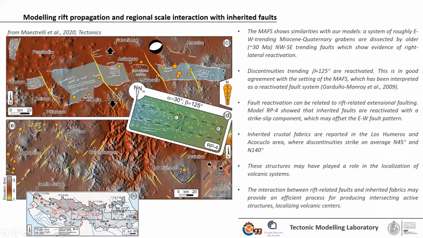This is important because the intersection between this kind of faults can create favorable conditions for fluid migration and for emplacement of magma, and therefore for the emplacement of volcanic centers and the consequent caldera collapse. So this is the large-scale image of the Trans-Mexican Volcanic Belt.